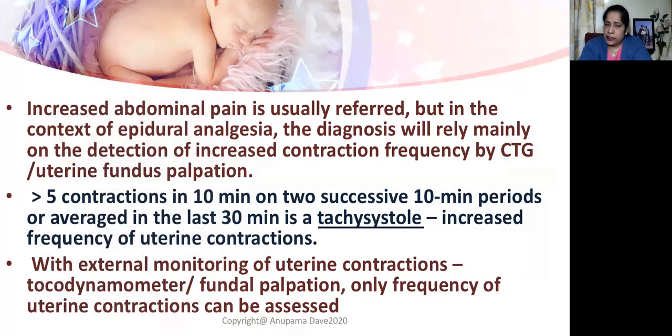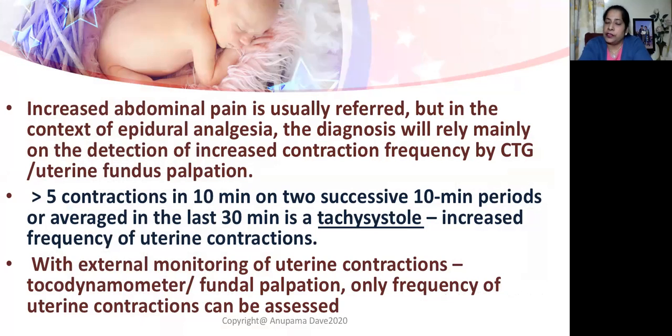Now, during labor, increased abdominal pain is usually referred. But if you've given epidural analgesia, the diagnosis will mainly rely on the detection of increased contraction frequency by CTG or by fundus palpation.